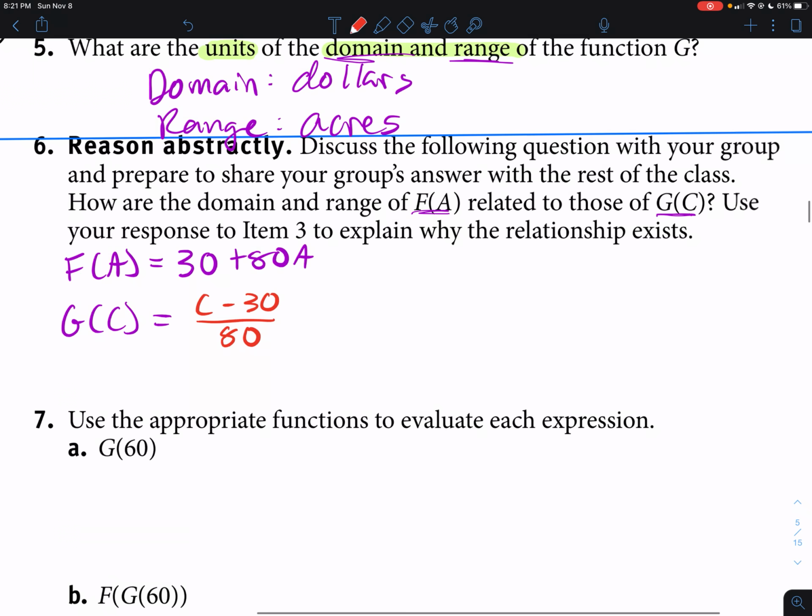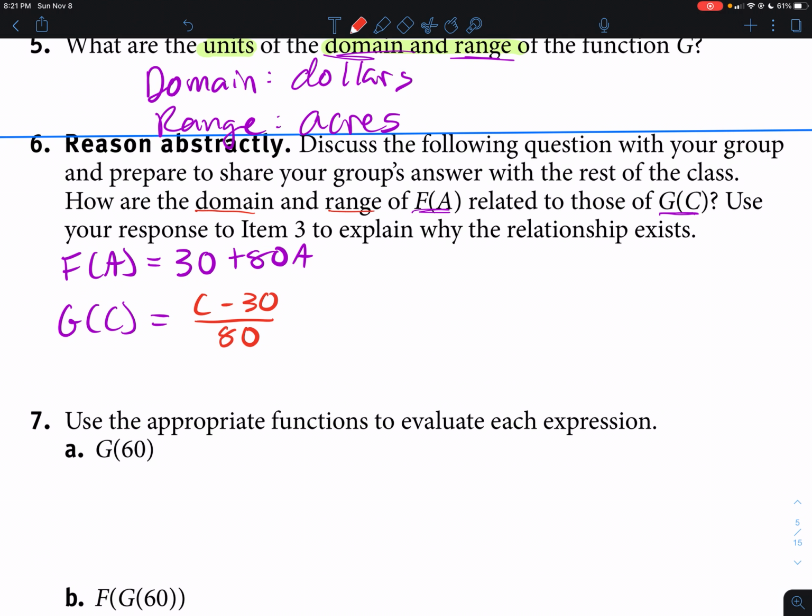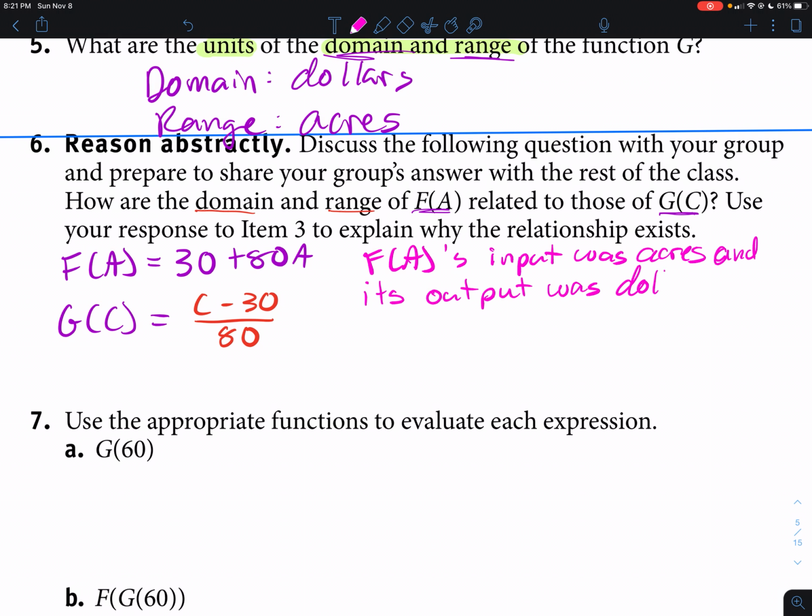Okay, and it says, how are the domain and range of f of a related to g of c? The domain and the range switch spots. So before, f of a's input was acres and its output was dollars.